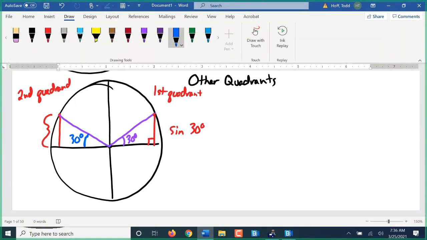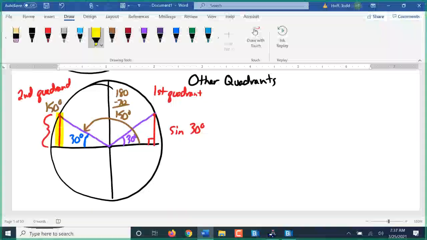So we can find that angle by using what we know about our geometry of angles. We know that this straight line is 180 degrees. If we subtract that 30-degree reference angle, this has to be 180 minus 30, or 150 degrees. So at 150 degrees, because it has the same 30-degree reference angle, we have the same sine as we did at 30 degrees.